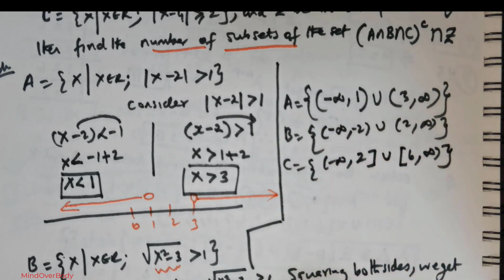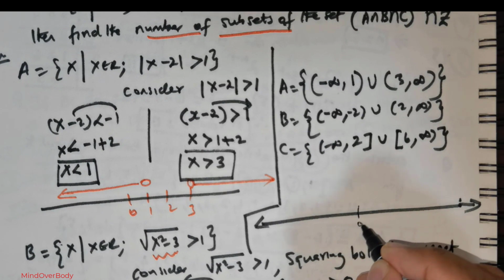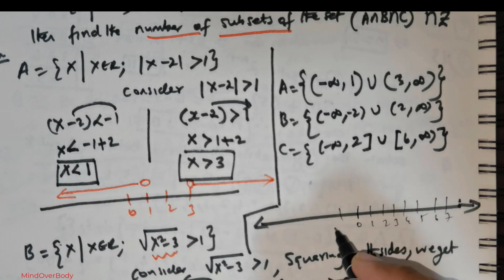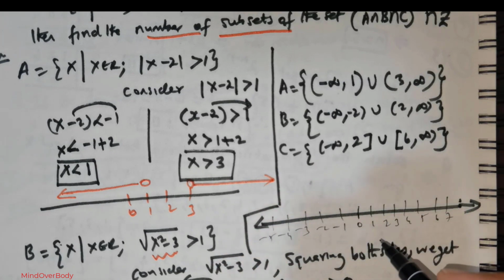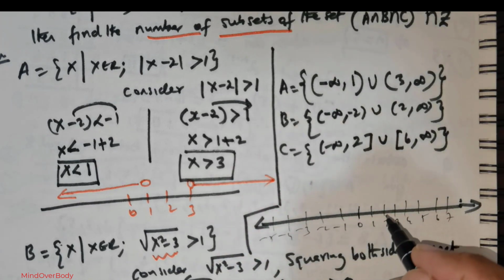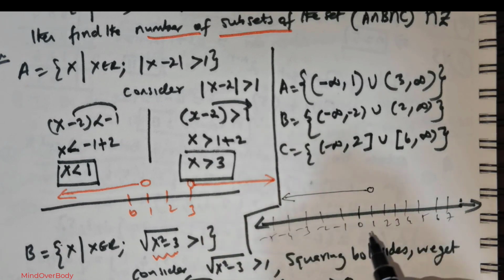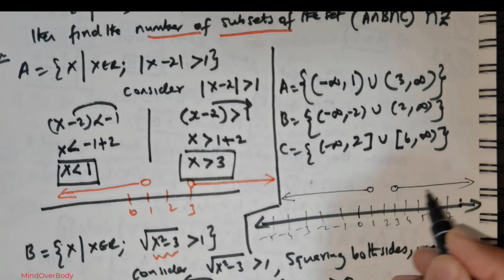Now we would be able to obtain the intersection only by means of the number line's help. So I'm drawing this line. Now let me place in the values. So this is 0, 1, 2, 3, 4, 5, 6, 7, -1, -2, -3, -4, -5. Now let's check it out: for B, from -infinity to -2, union from 2 to positive infinity, it's open.